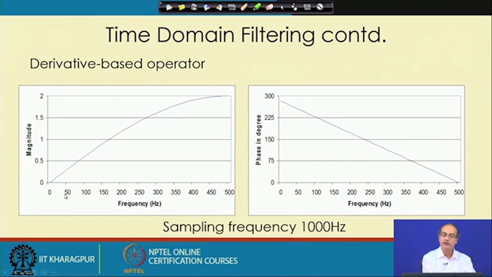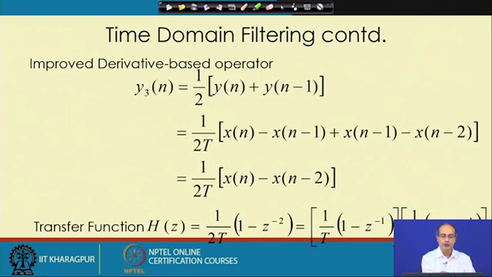It is very good at removing low frequency artifact, but at the same time it creates one problem: if there is any high frequency noise, it gives a tremendous boost, which is not a desirable characteristic.